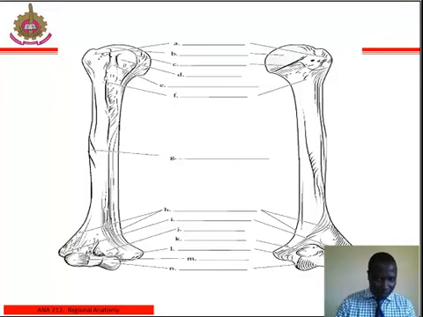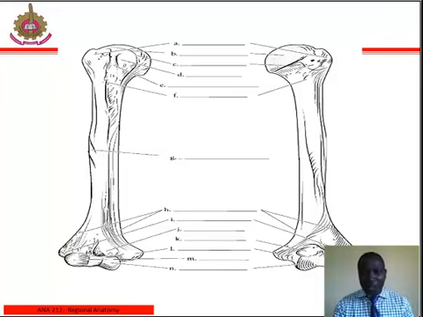The lateral border runs from the back part of the greater tubercle to the lateral epicondyle and separates the anterolateral from the posterior surface.